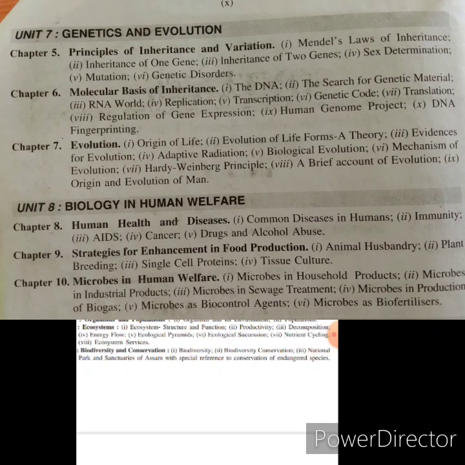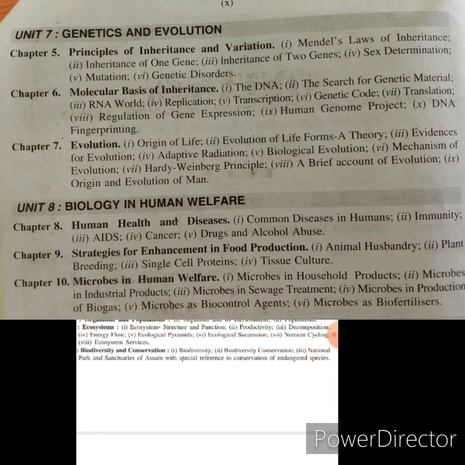Among these theories, Darwin's theory of natural selection, Lamarck's theory of inheritance of acquired characters, again the mechanism of evolution, that is the Hardy-Weinberg law, these are very important. Also the mutation theory, modern synthetic theory, very important.